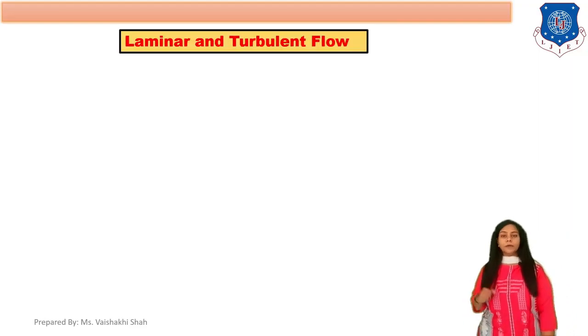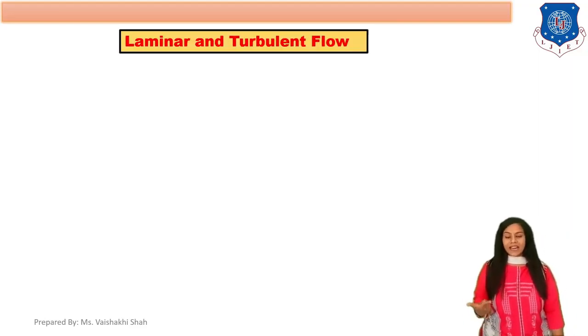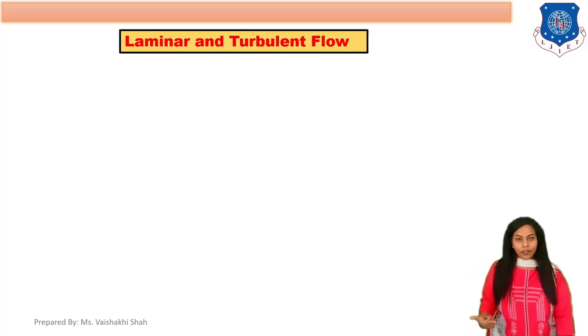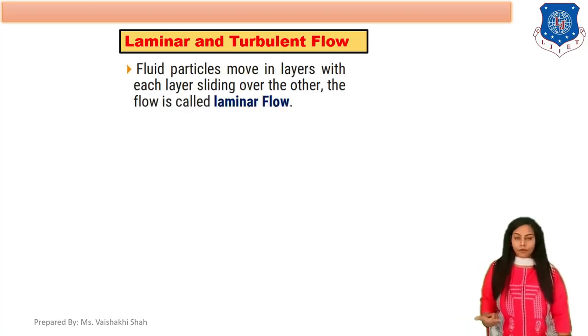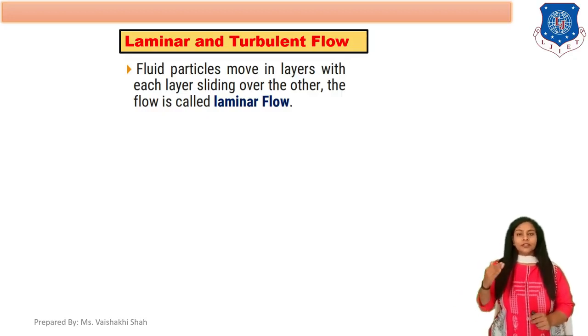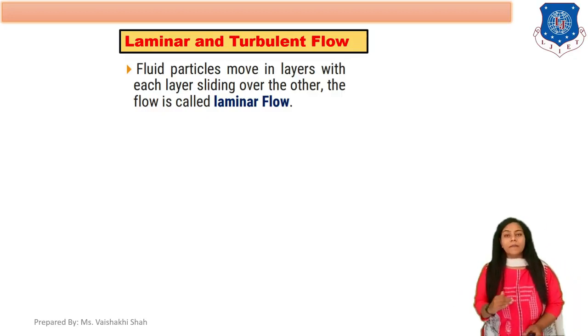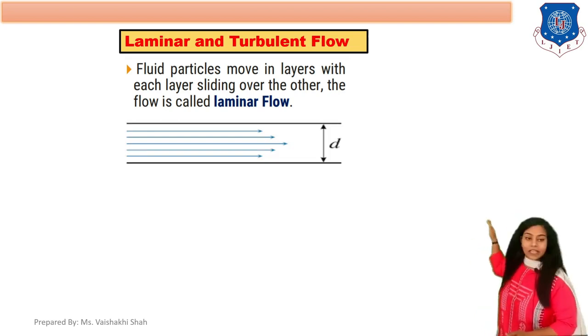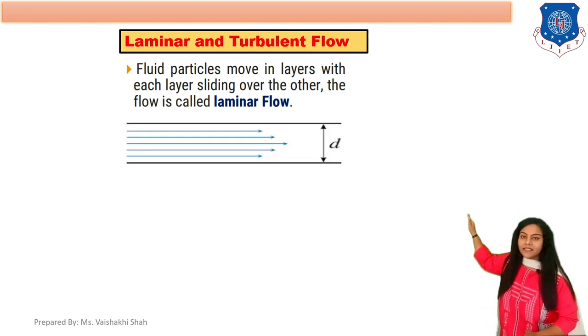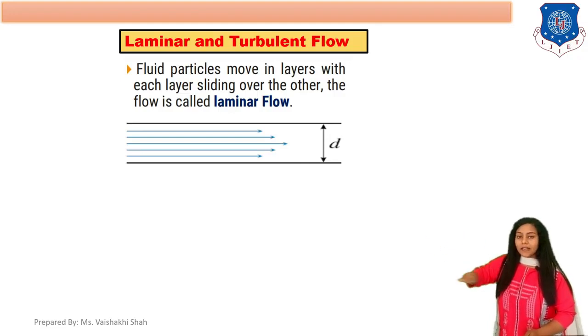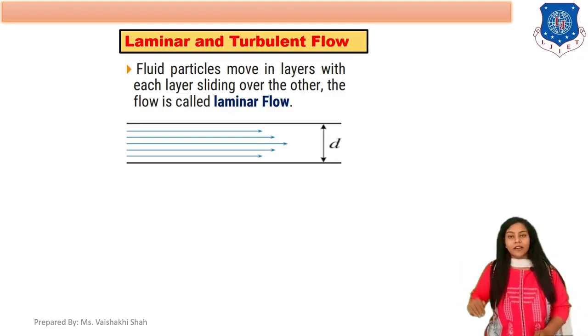Now our third type of flow, which is laminar and turbulent flow. In a laminar flow, fluid particles move in layers, sliding over each other. In this diagram, the diameter of the pipe is D, and all the fluid layers are parallel to each other.